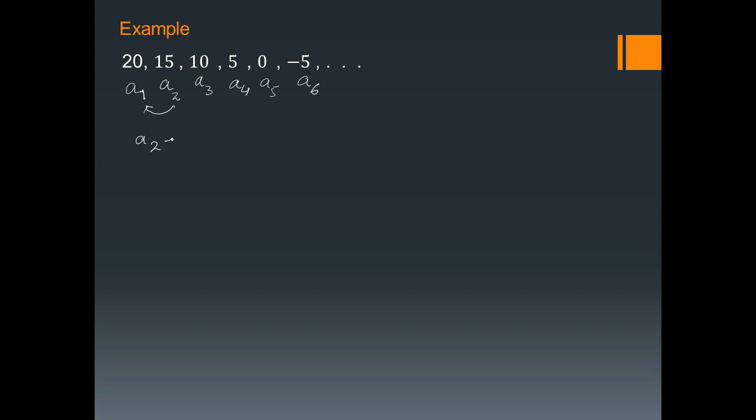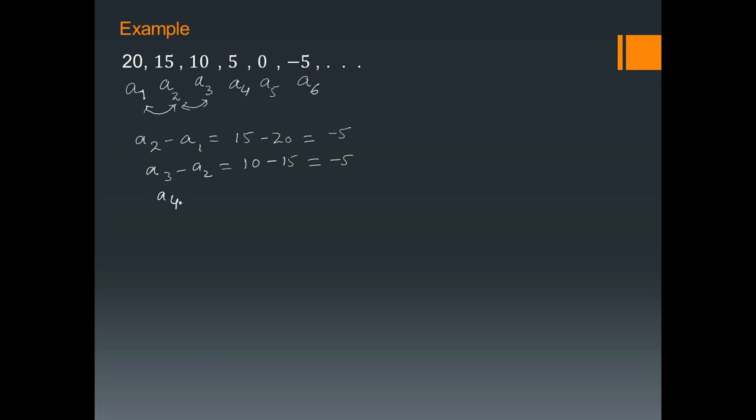A2 minus A1. 15 minus 20. The answer is minus 5. Now third term minus second term. 10 minus 15, and the answer is minus 5.